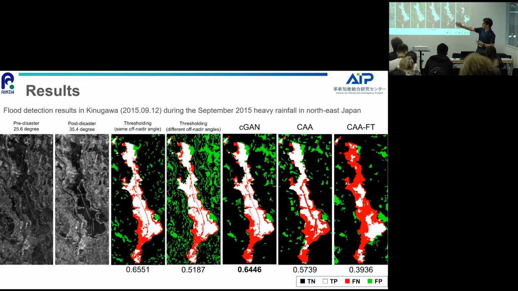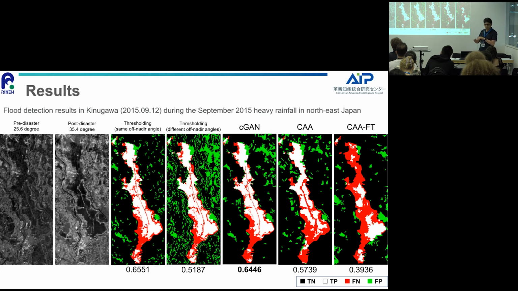In the third column, we have simple image analysis thresholding using pre and post-event images with the same acquisition parameters, same incident angle, same path. This is kind of the standard way, very easy to detect. We probably don't need machine learning, just simple image analysis change detection. We can get an F-score of 0.65.